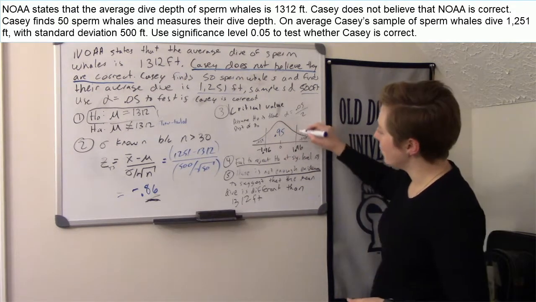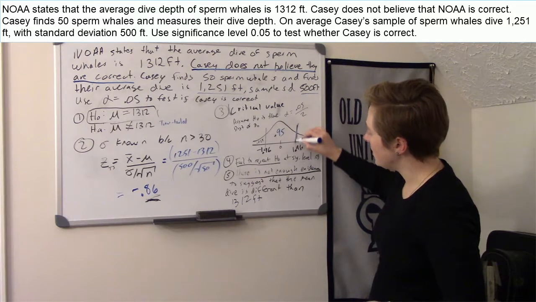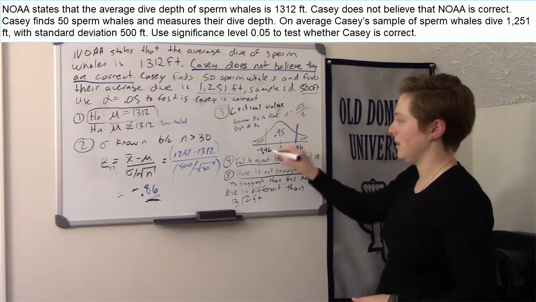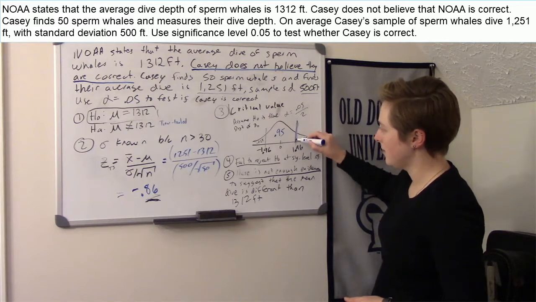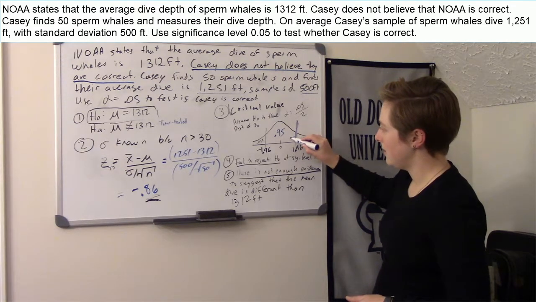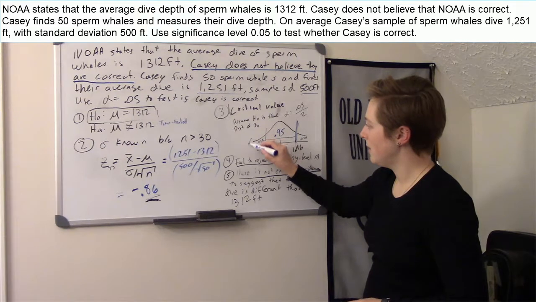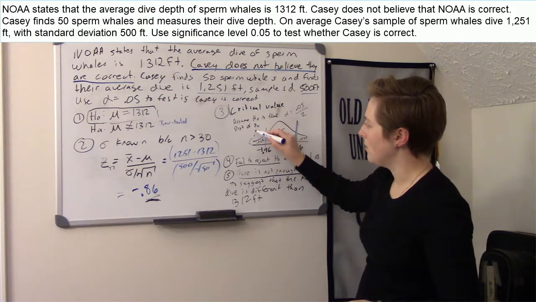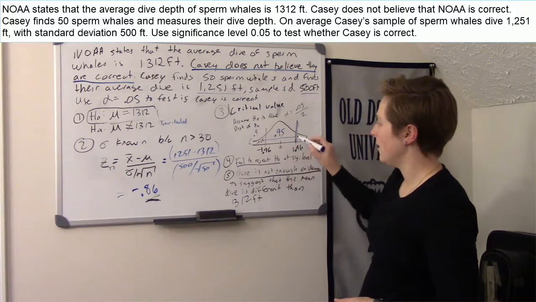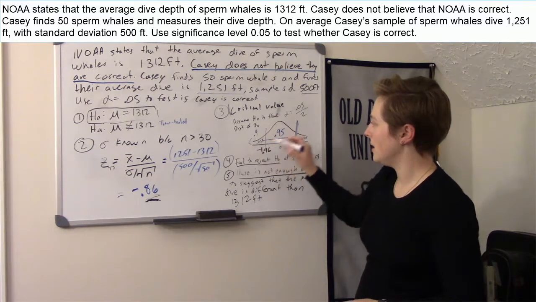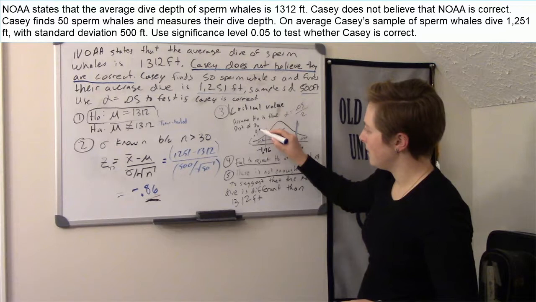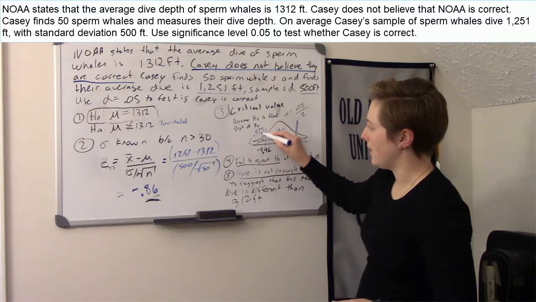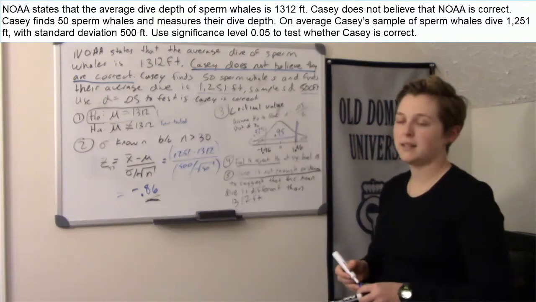If I wanted to figure this out without just assuming they're the same, how would I look it up? What would be the area behind this number? It's 0.95 plus the 0.025, which is 0.975.